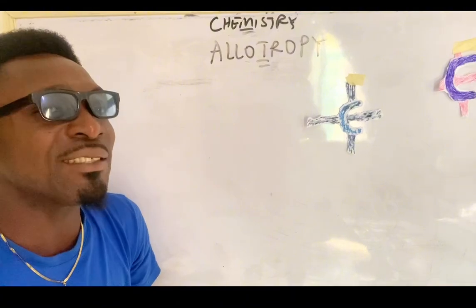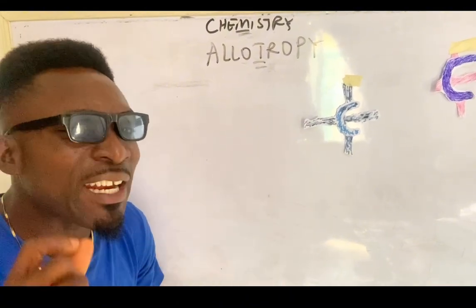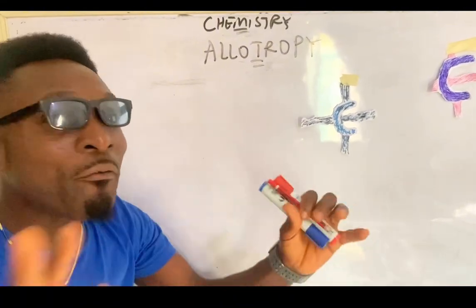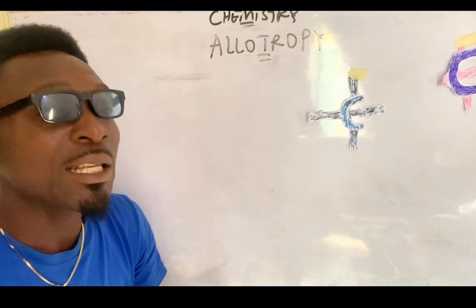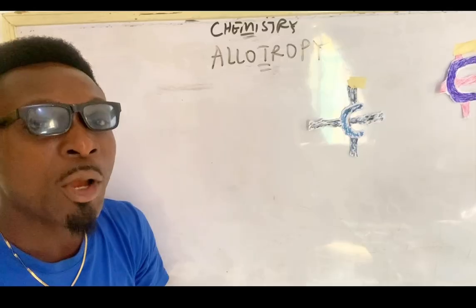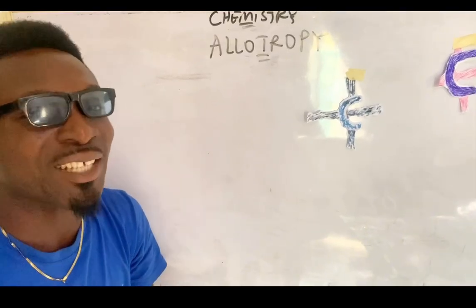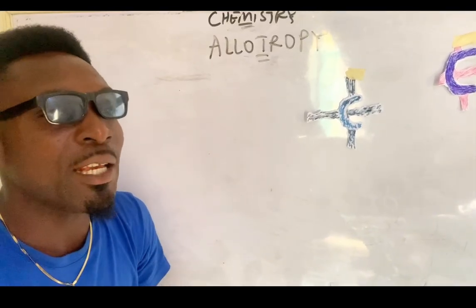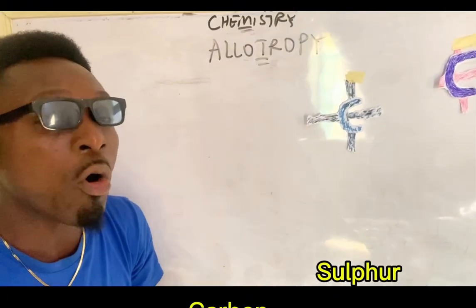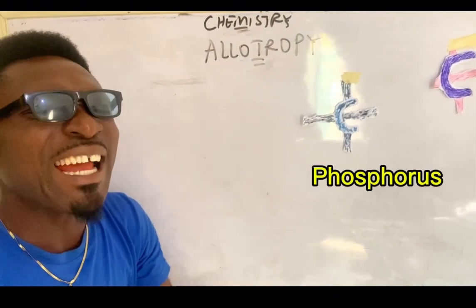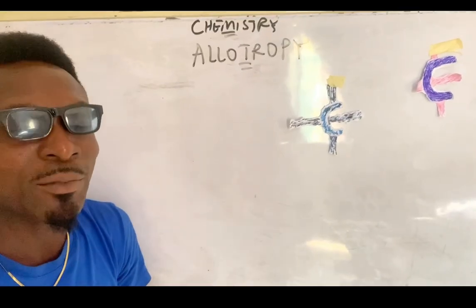Allotropy simply means the existence of an element in different forms, but the same physical state. What am I saying? An element like carbon, sulfur, or even phosphorus can exist in different forms.